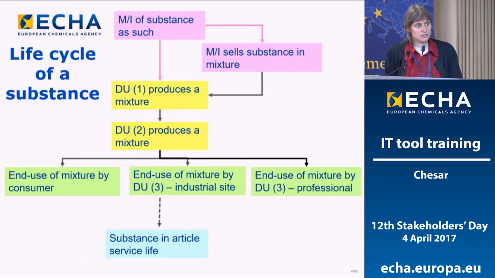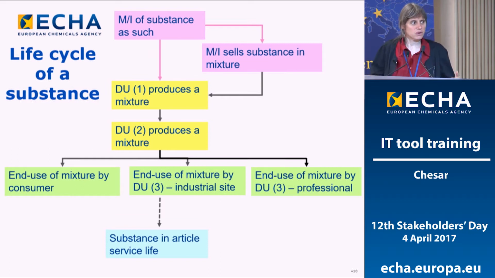And I mentioned that the assessment has to cover the full life cycle of the substance. This is just to illustrate the idea and to get the understanding that this is not so simple. You really have to assess the manufacture of the substance, potentially as such, or if the manufacturer already puts that in a formulation, then there may be different formulation stages which need to be assessed.